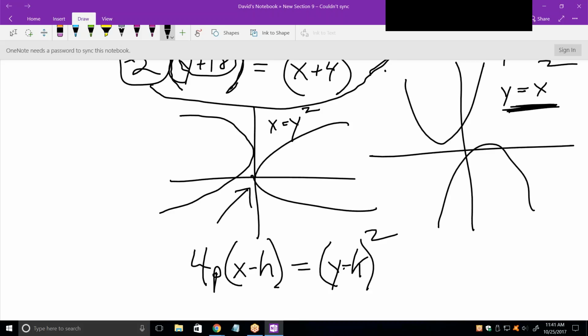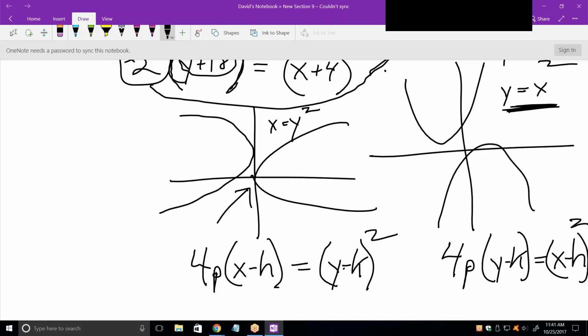That's the format for those horizontal parabolas. The format for the vertical parabolas, we just did a problem. It's the y minus k that is not being squared, but it's the x variable that is being squared. Those are vertical parabolas.